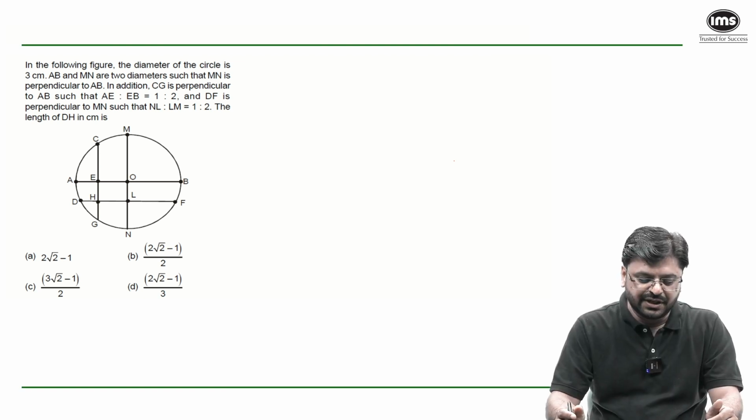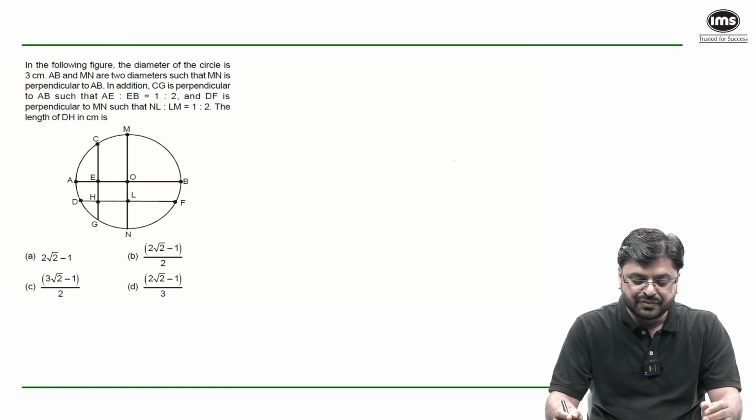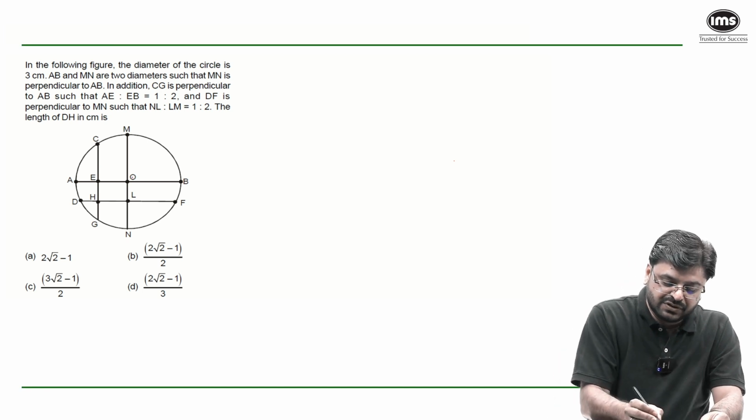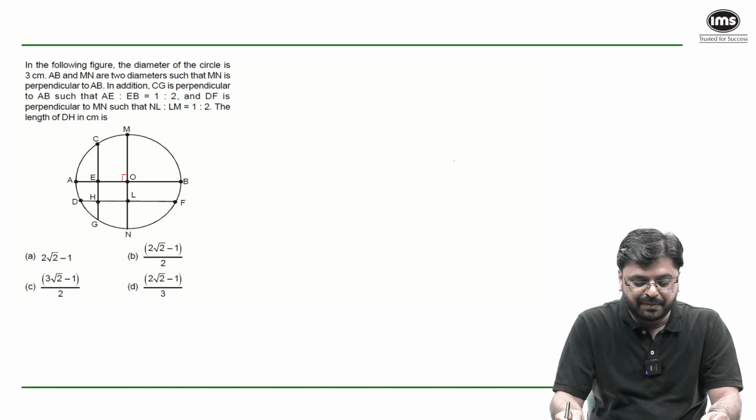In this question, it is given, in the following figure, the diameter of the circles is 3 cm. AB and MN are two diameters such that MN is perpendicular to AB. So, AB and MN are perpendicular to each other and these are the diameters.